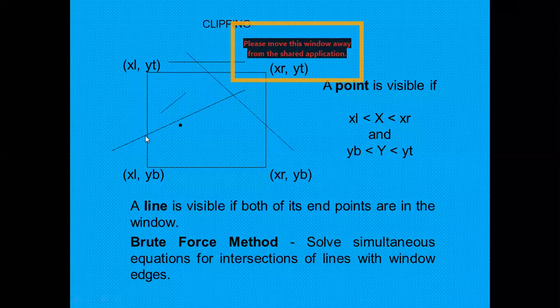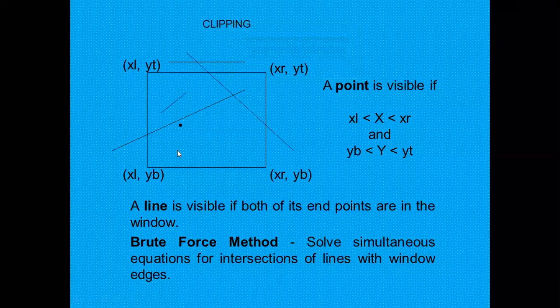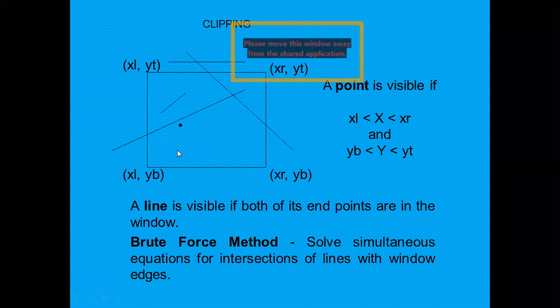Now we can trivially reject the outside portion. The portion which is lying outside, we can trivially reject by using some algorithm or some methods, because this is lying outside. This portion is lying inside, so this is the visible line.